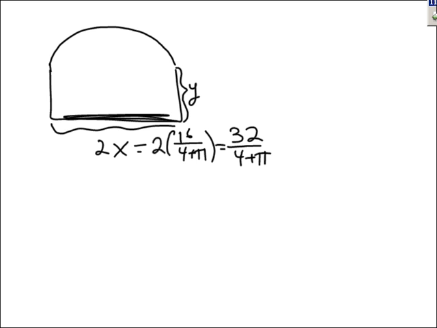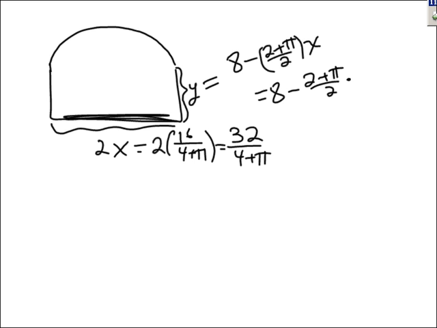Now, somewhere we discovered that y was equal to 8 minus 2 plus pi over 2 times x. But x is 16 over 4 plus pi.